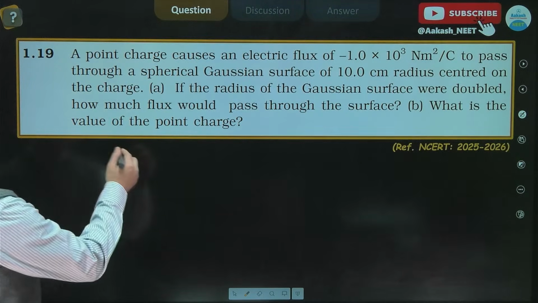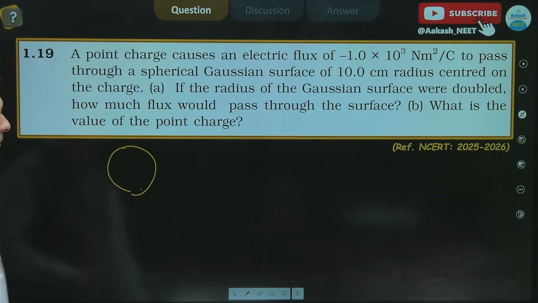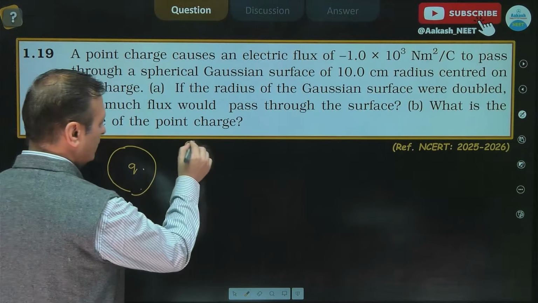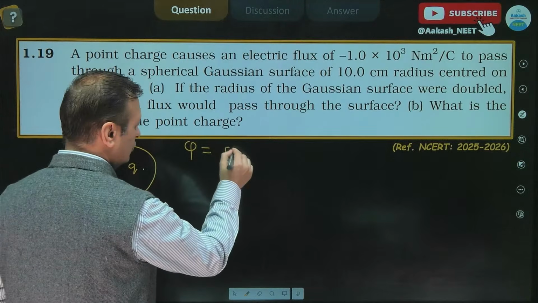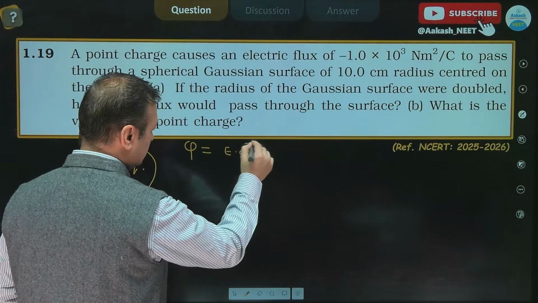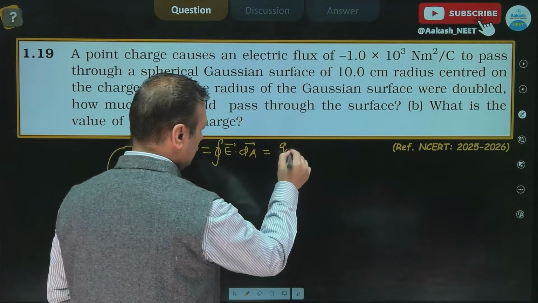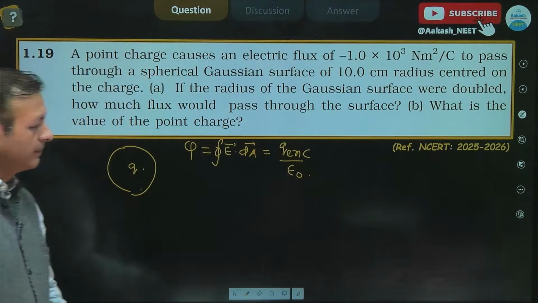Now, so there is some charge and you have flux. The total flux, which is given to you as E dot dA for the closed surface, that is equal to charge enclosed by epsilon naught.